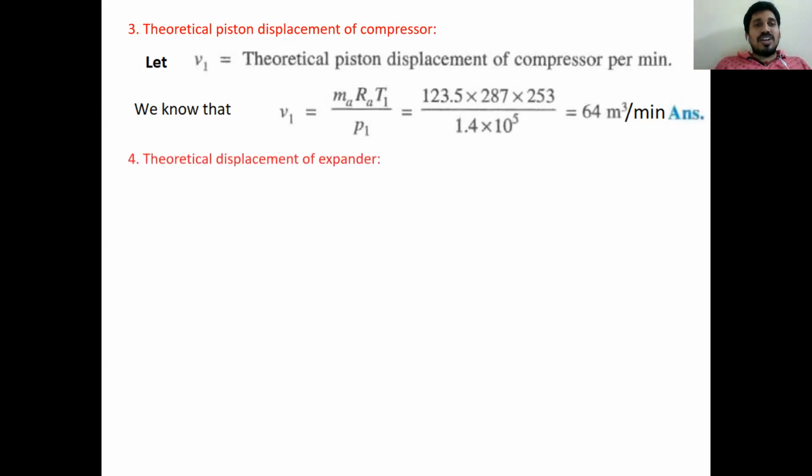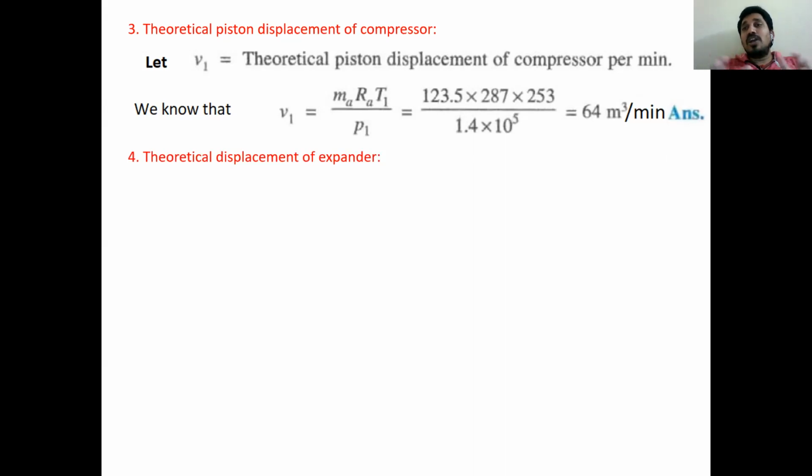Next objective is the theoretical displacement of the expander. Similarly, for the expander, if you take a reciprocating device for expansion, the piston has to reach BDC, the total volume which is available. Before entering the expander, volume will be minimum.